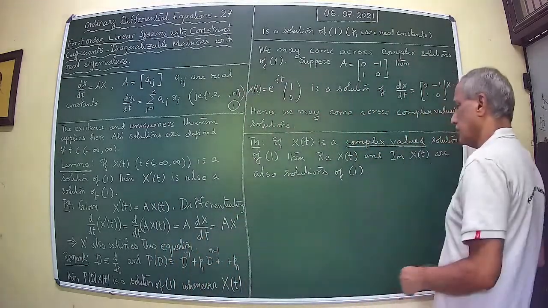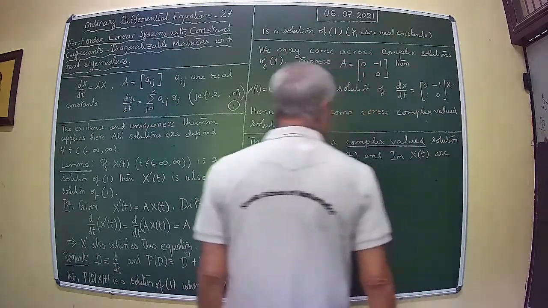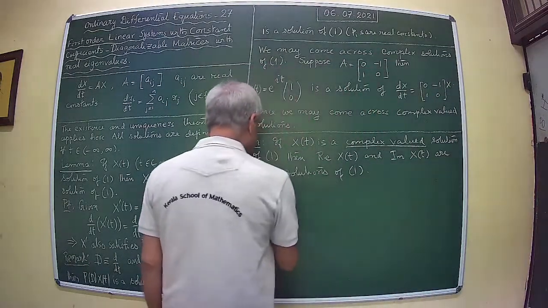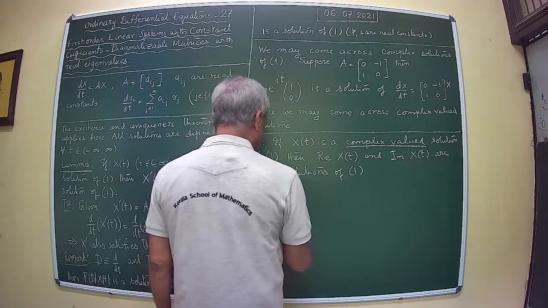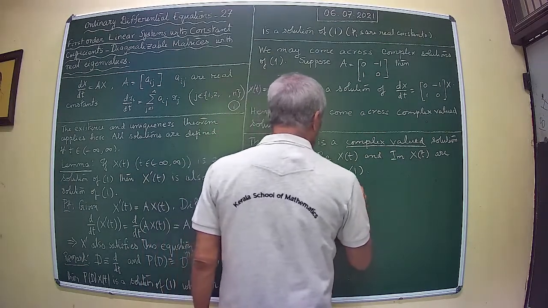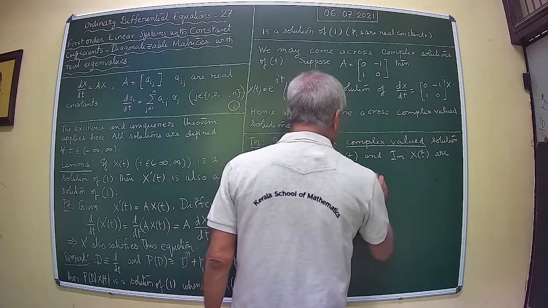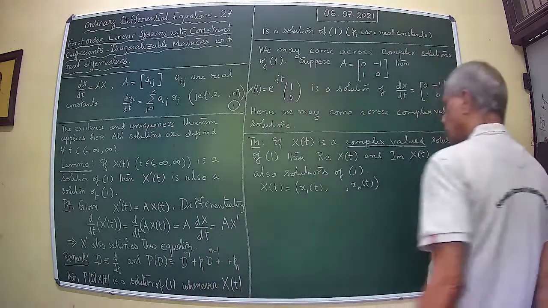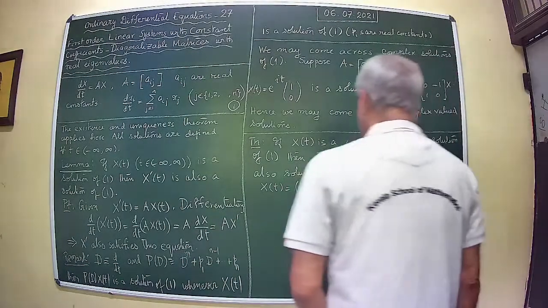This is quite easy. So what do you mean by real x(t) and imaginary x(t)? See, x(t) is taken as a vector of components, they are all now assumed to be complex valued functions.